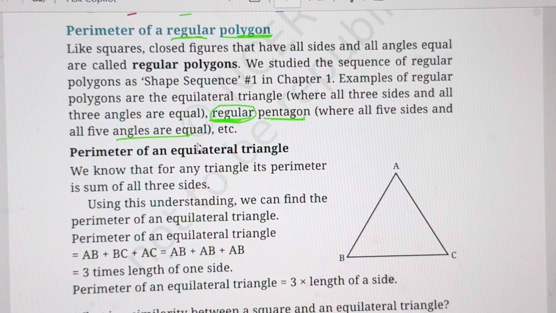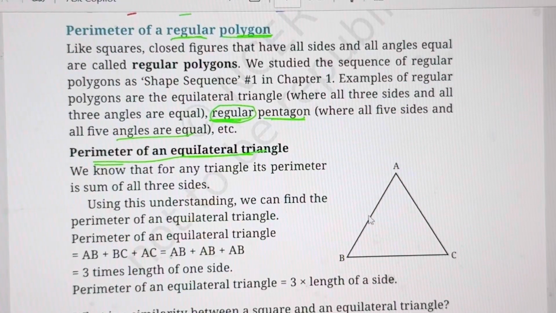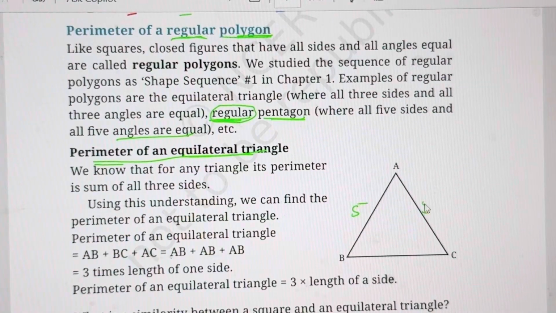Then let us learn how to find the perimeter of an equilateral triangle, right? Now we know that for any triangle, its perimeter is the sum of all 3 sides. Like if this is given A, B, C, we'll just add A plus B plus C. But now this is an equilateral triangle. So suppose each side is 5, 5, 5.